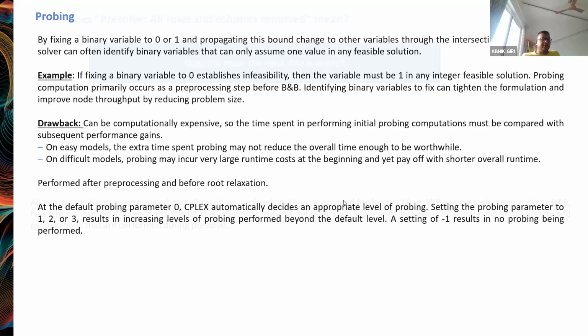If it makes anything infeasible, then 0 is not the possible solution. It should be 1. So it will set the value of that variable to 1. Similarly, it will repeat this process for all the binary variables.